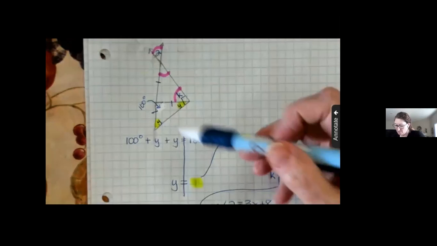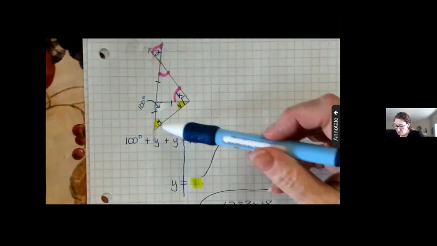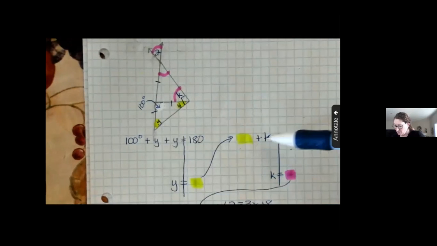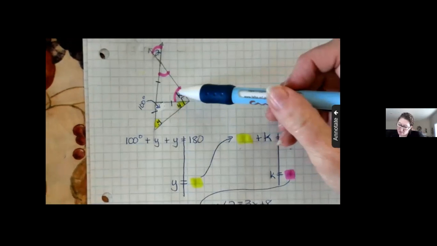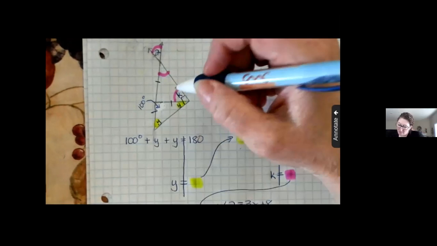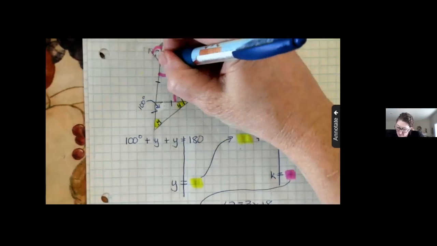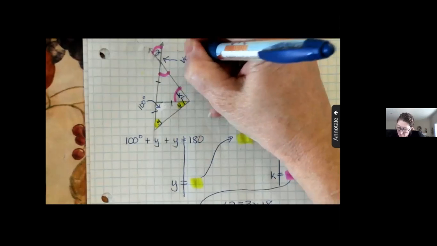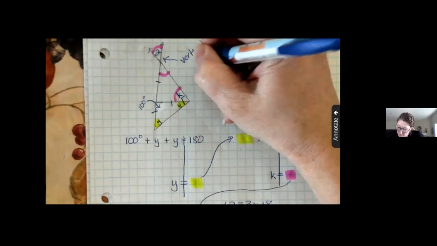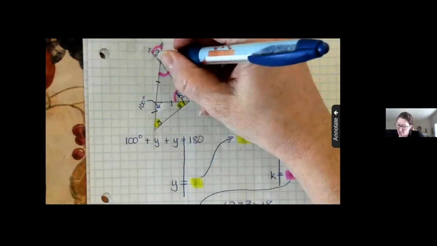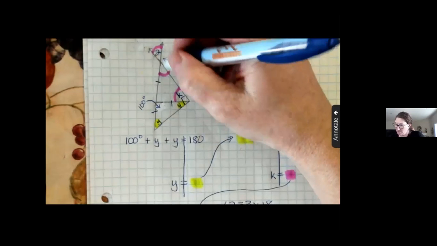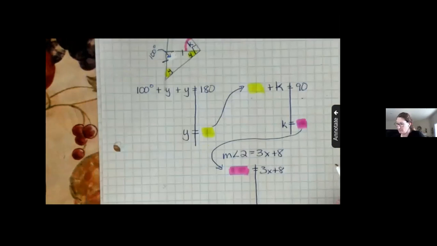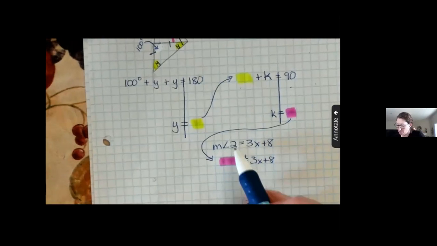We went from finding the y, transferring it here to add to k to make 90. We know that k is part of the base of the isosceles triangle. We know that these are vertical angles, so whatever k is, angle 2 is. It transfers through. So we take that k, replace it with the measure of angle 2, make it equal to 3x plus 8, and solve for x.